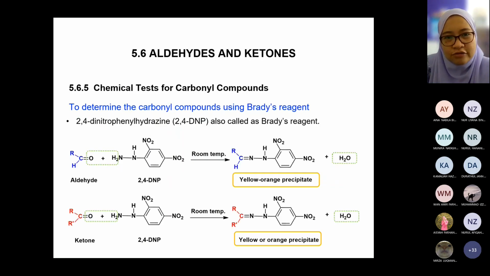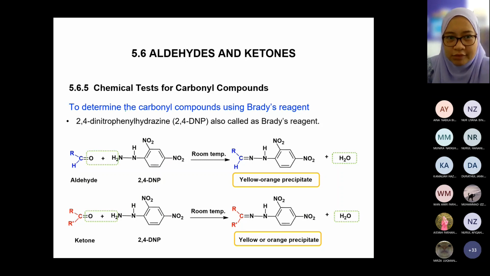Now we are going to have a test, okay, for carbonyl compound. Okay, this is new information. Okay, so we never had this slide before, but for your whole batch kita baru masukkan. So be standby lah.